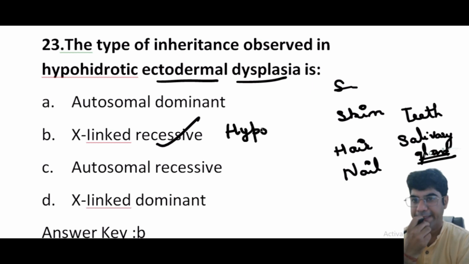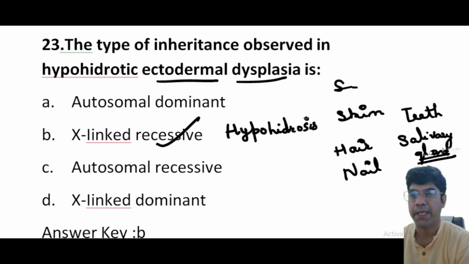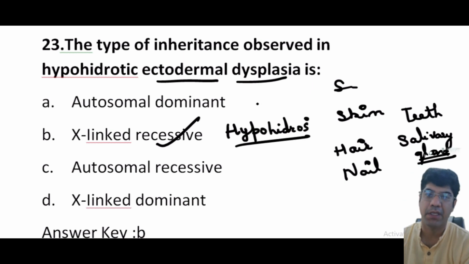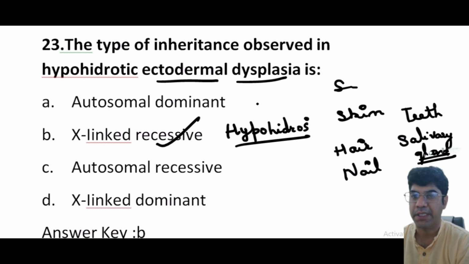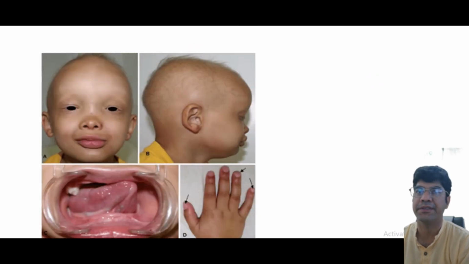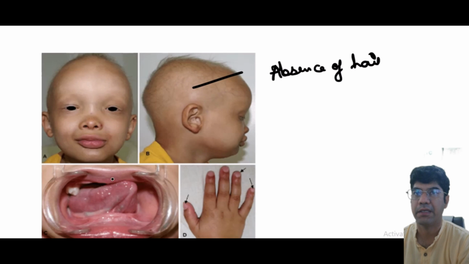So it will cause hypohidrosis, that is reduced ability to sweat, which can lead to overheating, hypotrichosis, hypodontia, etc. Here you can see the absence of hair, absence of teeth, frontal bossing.